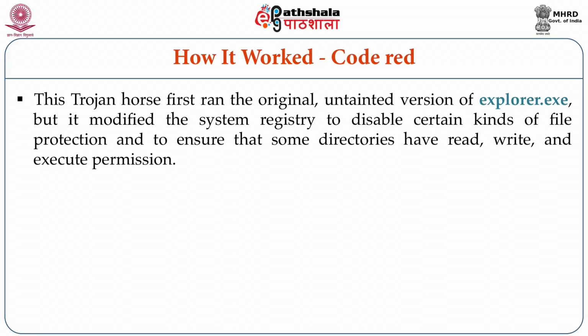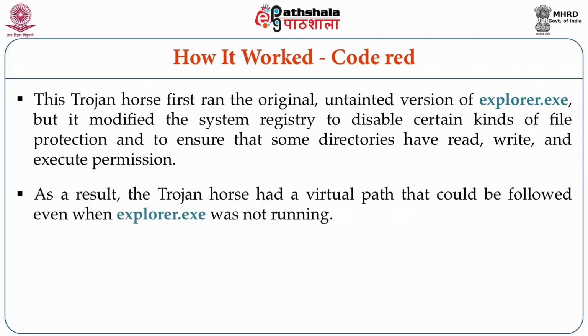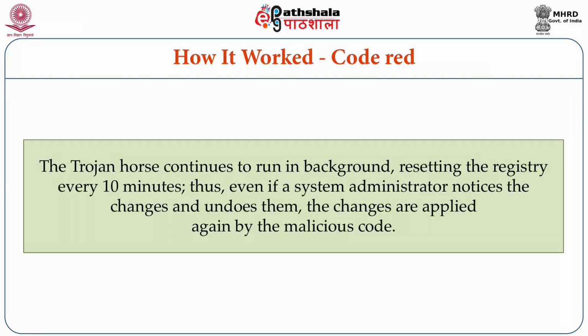It modified the system registry to disable certain protections, and then it ensured that some directories have read, write, and execute permissions. The Trojan horse had a virtual path that could be followed even when explorer.exe was not running. The Trojan horse continued to run in the background, resetting the registry every 10 minutes.